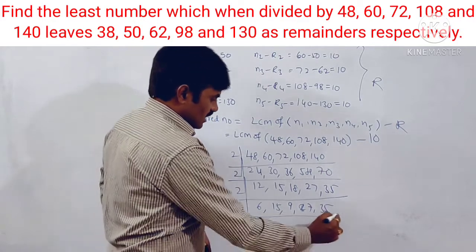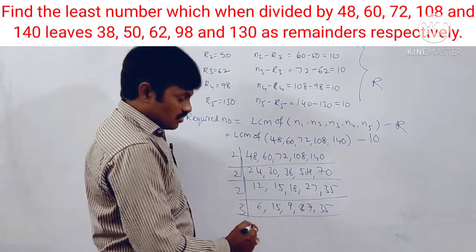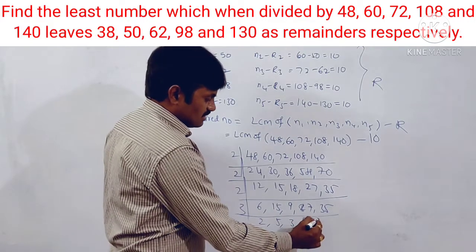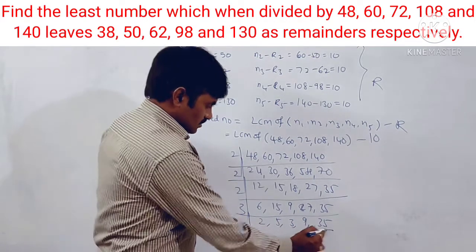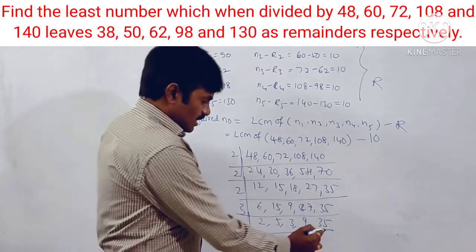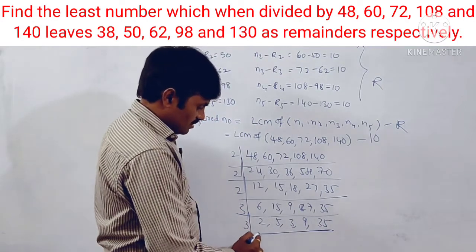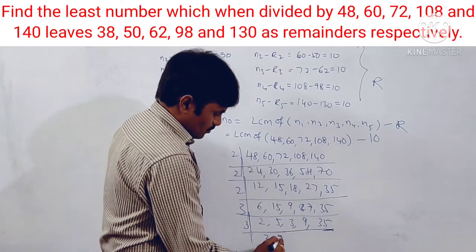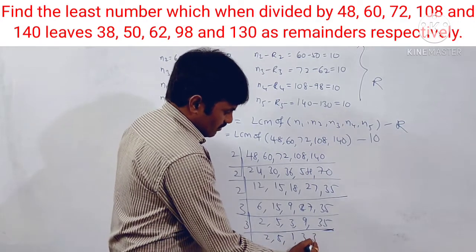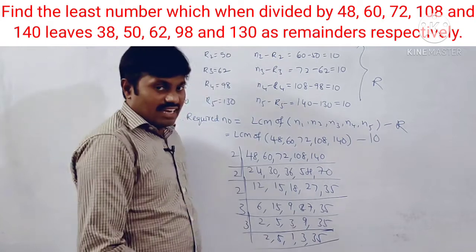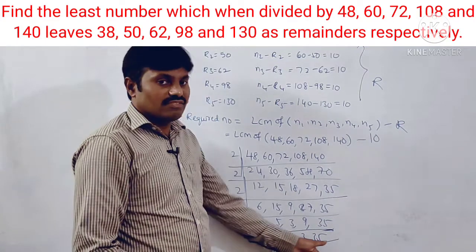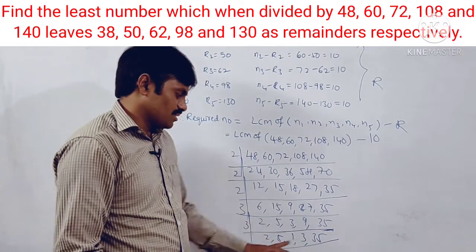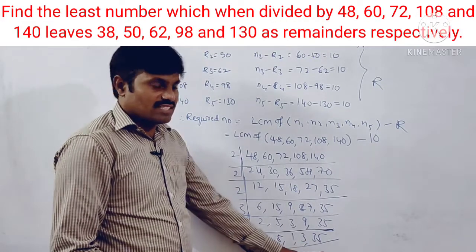Again now consider the 3 table. 3 twos are 6, 3 fives are 15, 3 threes are 9, 3 nines are 27, 35 itself. Now is there any other common table? Yes, the 3 table again. Here 2, 5, 1, 3, 35. Again here 2, 5, 1, 3, 35. The common table is the 5 table. So 5 ones are 5, 5 sevens are 35.